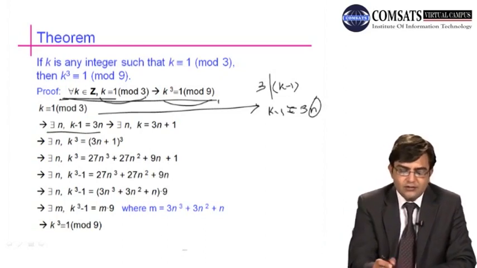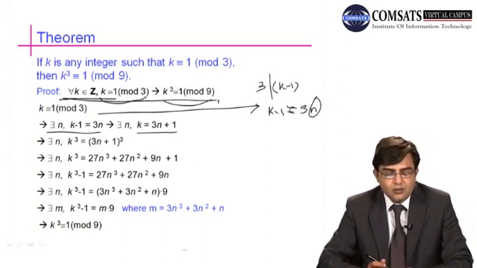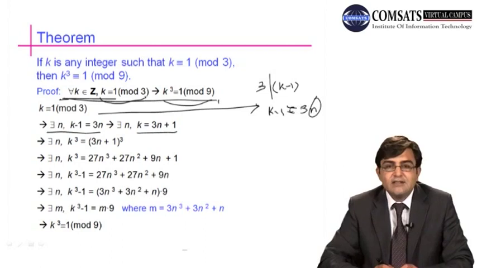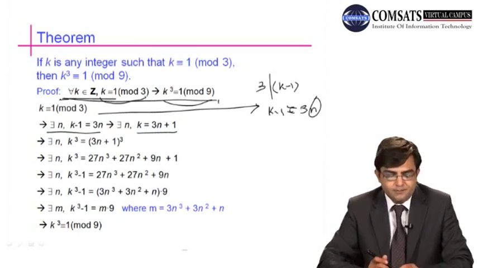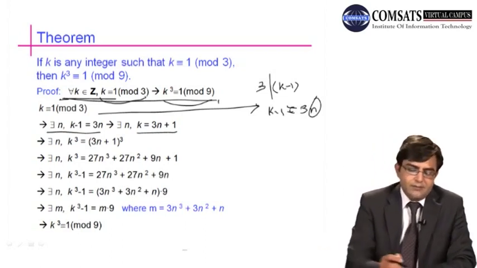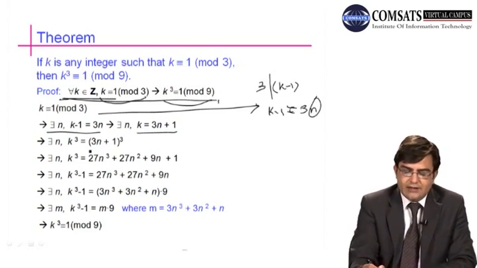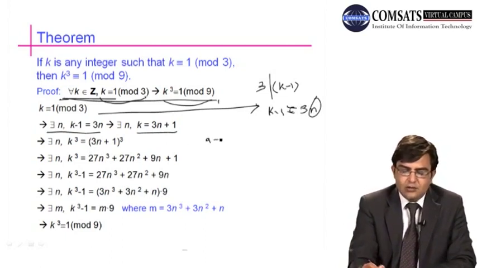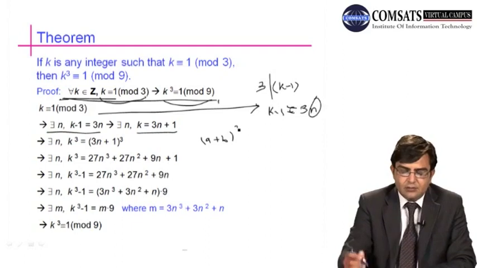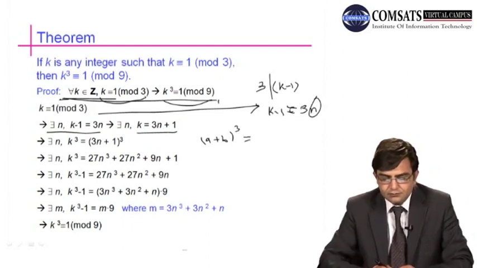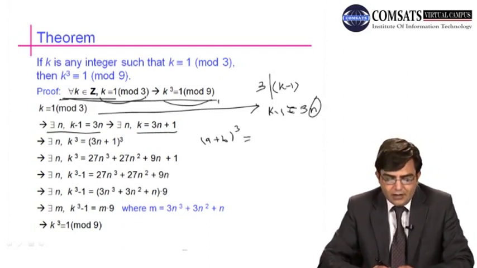We take the cube on both sides. k cubed is equal to (3n plus 1) whole cubed. We open up the cube, as you know that (a plus b) whole cubed is equal to a cubed plus b cubed plus 3ab squared plus 3a squared b.